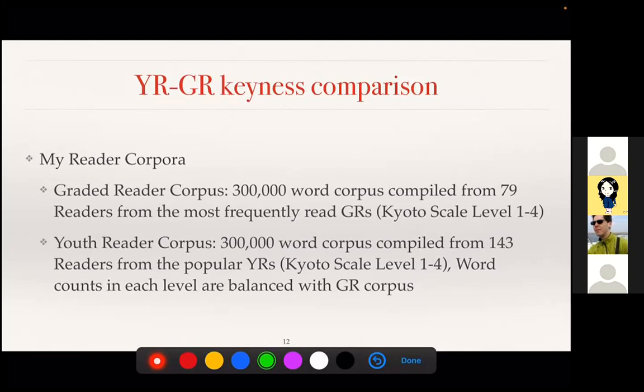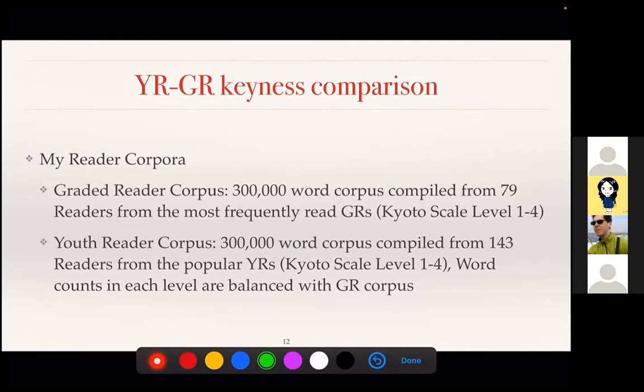But comparing it with a similar level, we may be able to see the characteristics better. My reader corpora consist of two sections. One is graded readers, 300,000 words compiled from the popular readers.